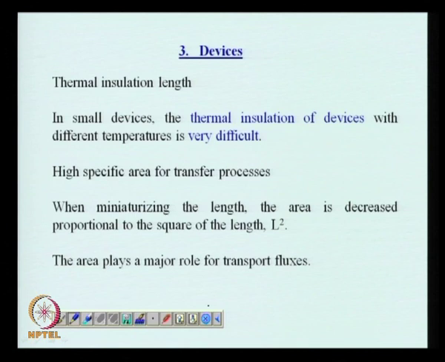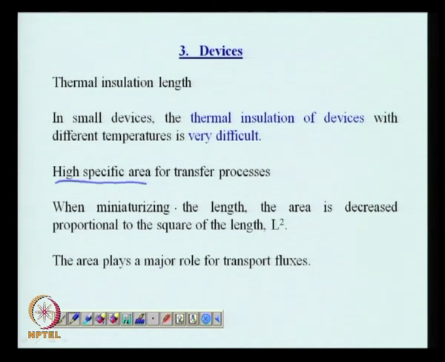But since these channels are very close to each other, if I cannot insulate these two properly, there is going to be a temperature homogenization effect as a result of enhanced heat transfer, which is detrimental to the overall efficiency of any such device. So, how do we thermally insulate? It is extremely difficult. The advantage is that it has high surface area for transport processes.